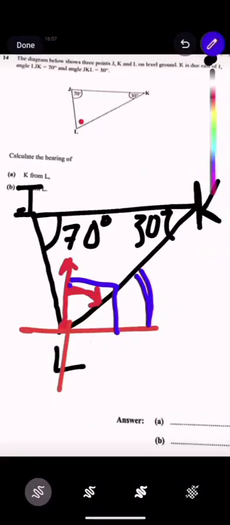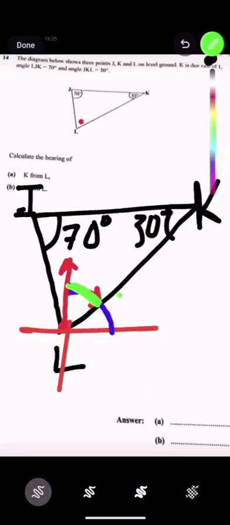For those who cannot picture it, let me use the colors to help you see. This is 90. What we're looking for is from here to here, like so. This is what we're looking for. So to get the green part, all we need is the blue part to remove it from 90. We know the blue part, this one.